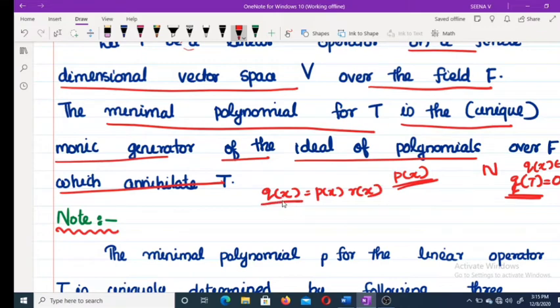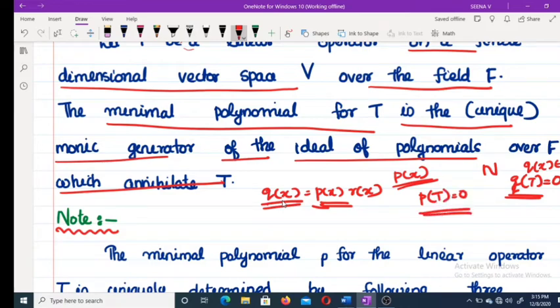Every polynomial which annihilates T is a multiple of P of x. As P of x is the minimal polynomial, P of x is a generator for the ideal of polynomials which annihilate T. P of T must be equal to 0.